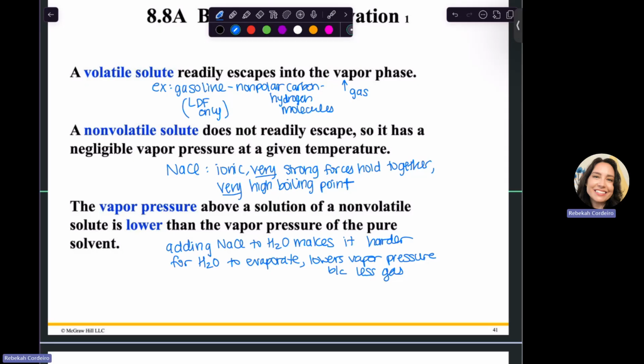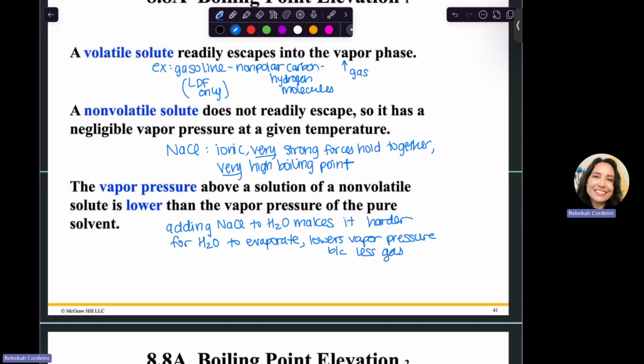The reason it does this is because adding NaCl adds in those charges, and water is super attracted to these charges. The water molecules have positive and negative ends, and they really like those charges. So they're going to hang around with those charges. They're not going to turn into gas. They're going to stay liquid so that they can be around the things they're attracted to.